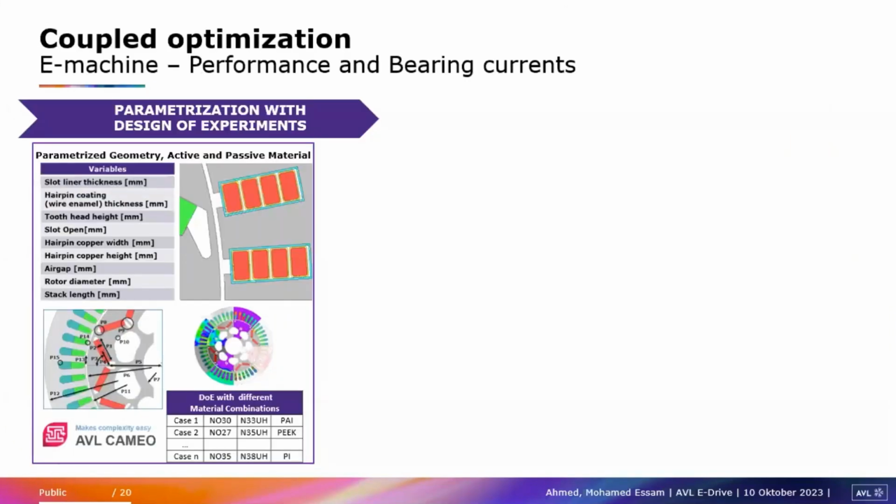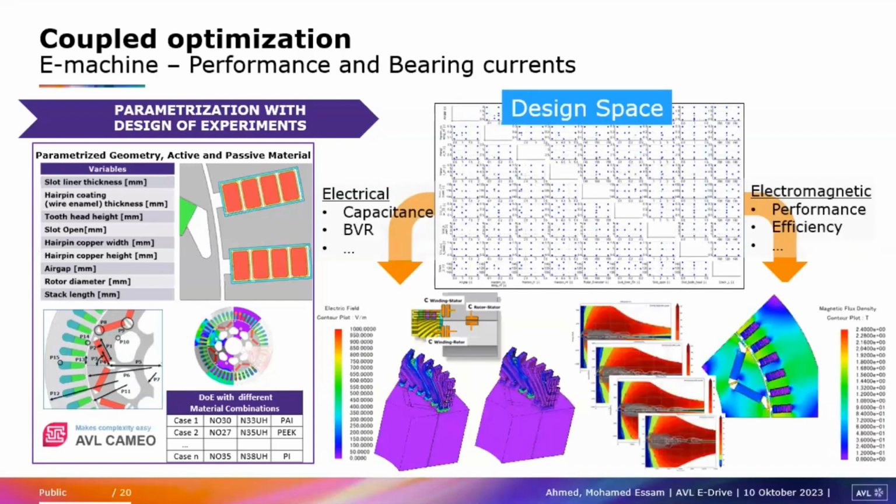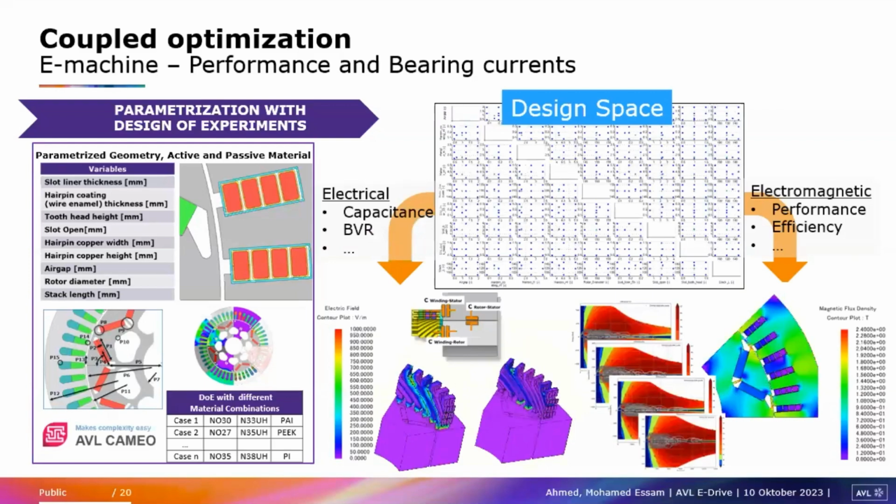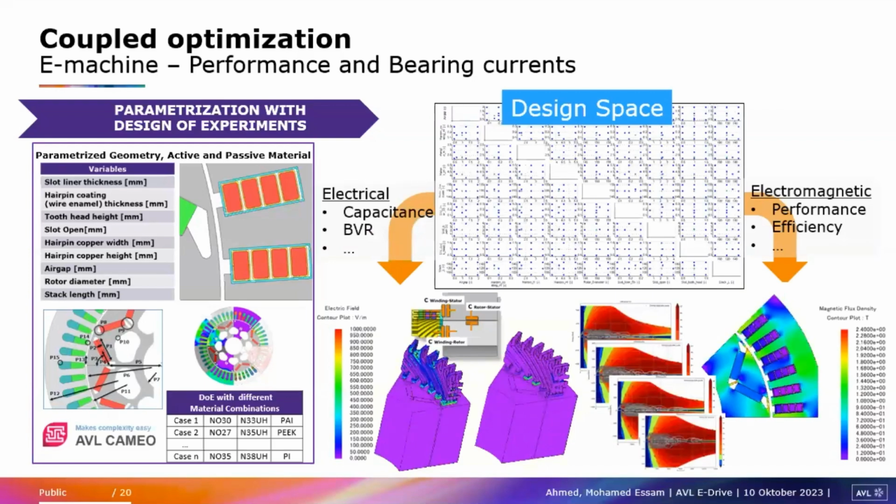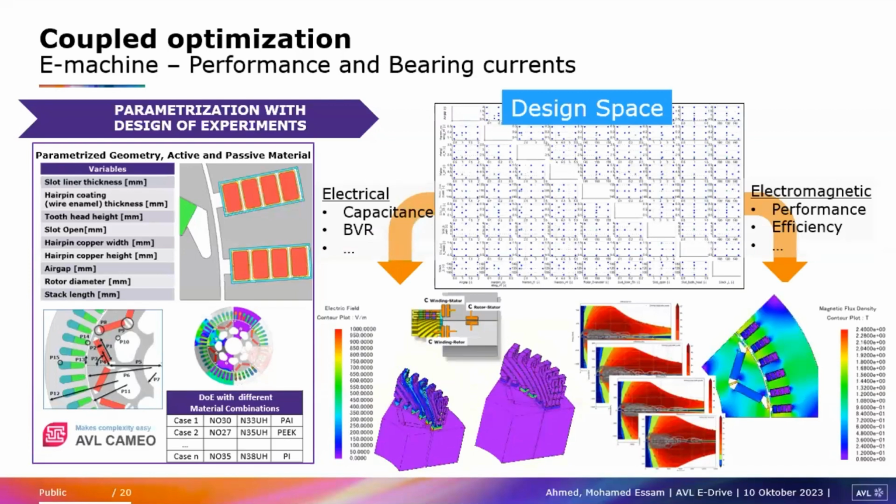The approach was similar to what we do for active components: we parameterize everything, but we also include the insulation or passive components, like the slot paper, the hairpin coating, or the wire enamel, and also the material of the insulation itself. And we can create one single design space.